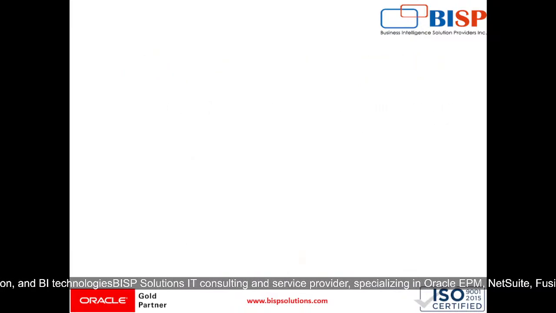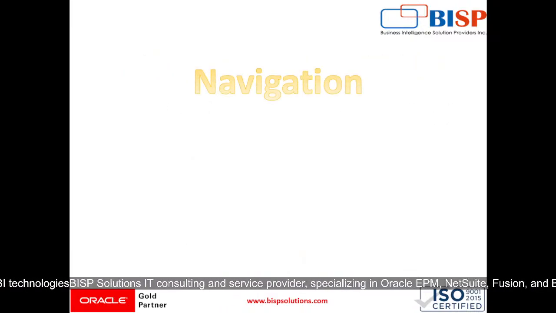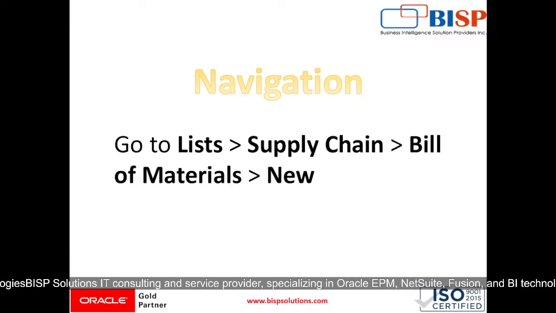The navigation required is to go to the Lists option. Under Lists we will get Supply Chain. Under Supply Chain we will get our Bills of Material, and we can create a new BOM for the product, which is the laptop.